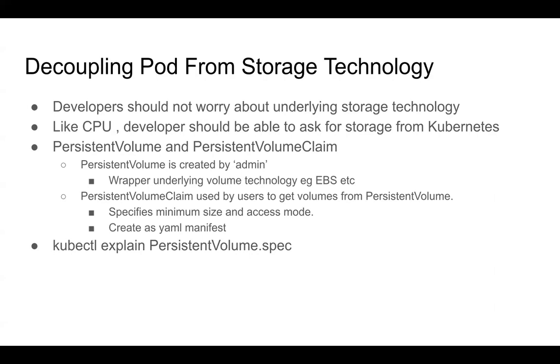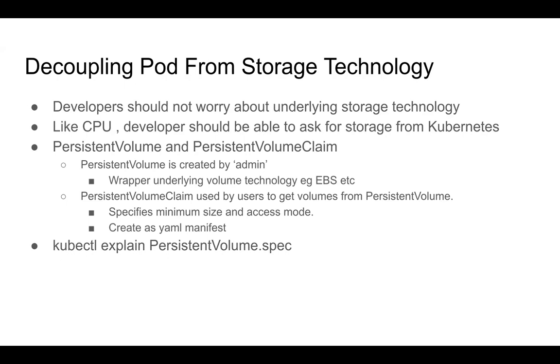It depends from company to company. In our company, if you have to create an EBS volume, generally admins create it. But in some companies, you might have access to create also. But irrespective of that, as an application developer, you should not be dealing with where that volume comes from, whether it is coming from Google file system or Azure file, or AWS EBS. You should not be worrying about it. Ideally, you should get a volume somewhere created, and you should be able to use it.